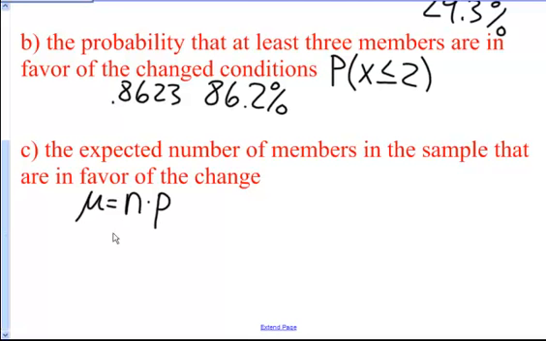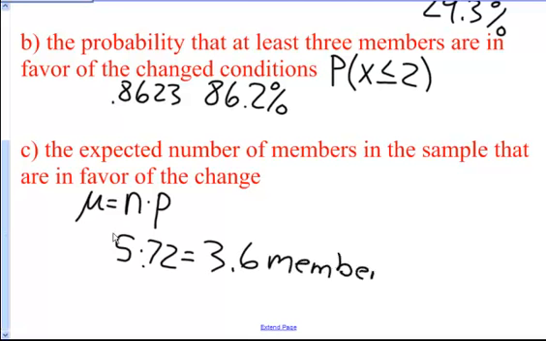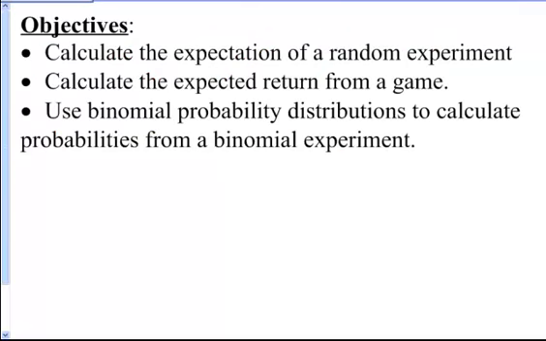We asked 5 people, and the probability that they were in favor was 0.72. That's going to equal about 3.6 members. So that's how many members are expected to be in favor of the change in their employment conditions.